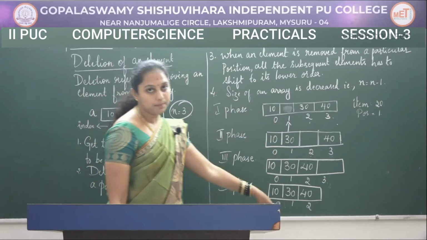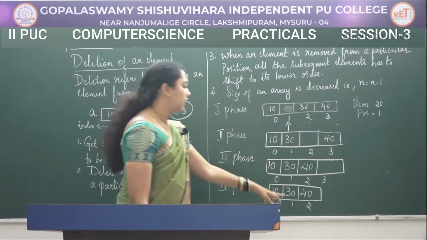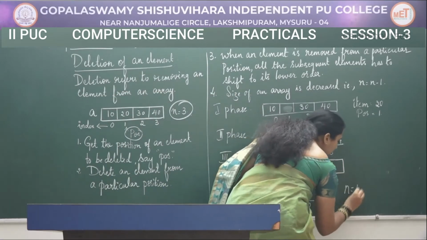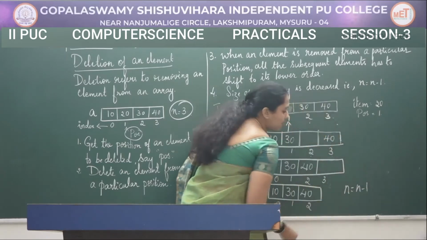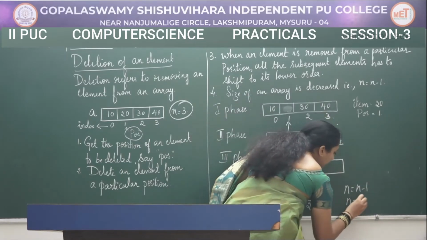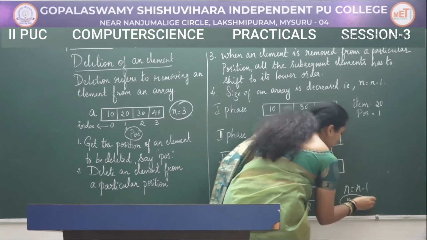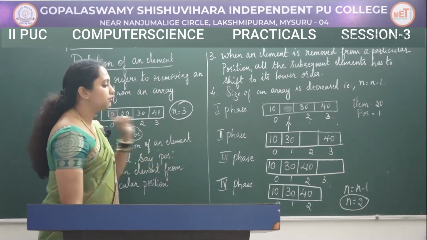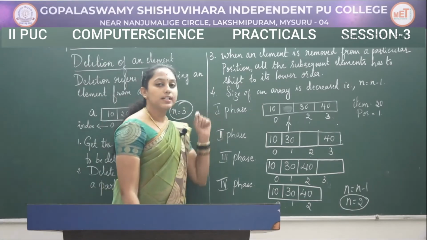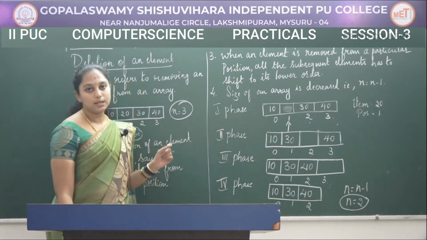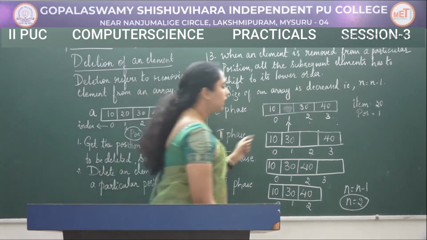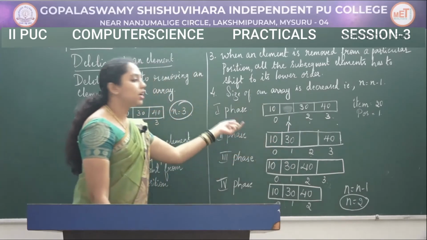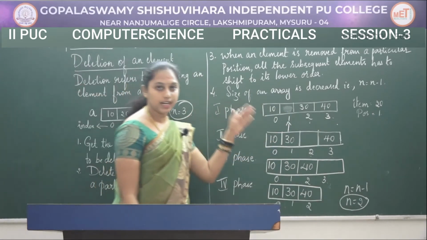After deleting an element from an array, the array size is reduced by 1. That is, n is equal to n minus 1, which is nothing but n is equal to 2. First, we have to get the position of an element from an array to be deleted. From that position, we are going to delete the particular element.